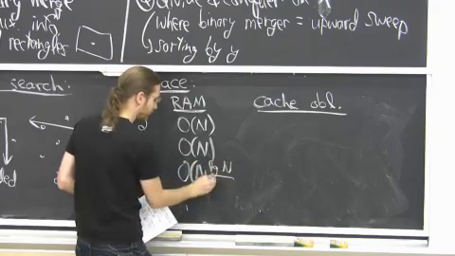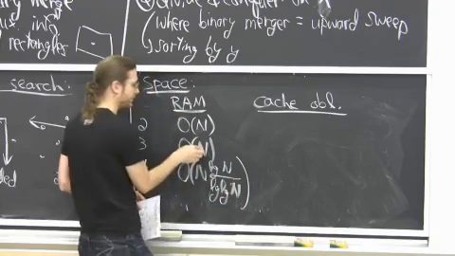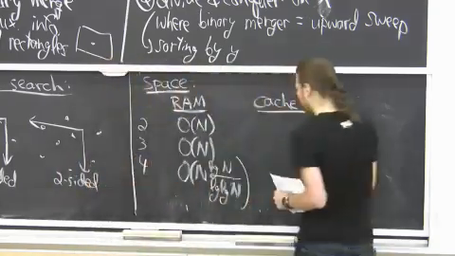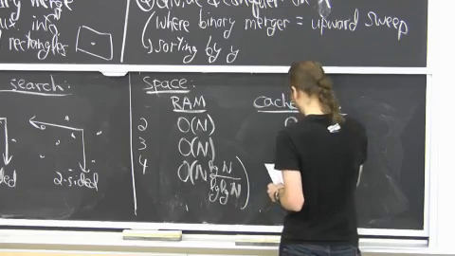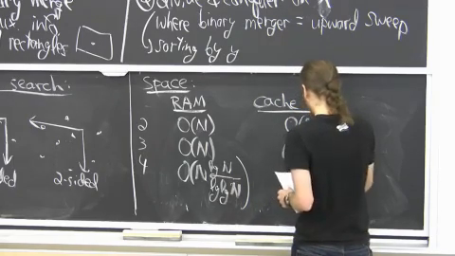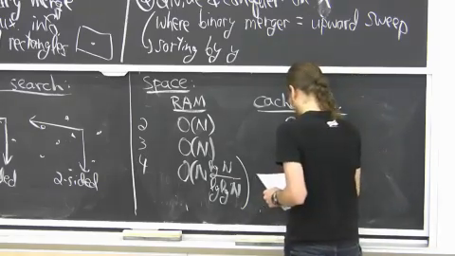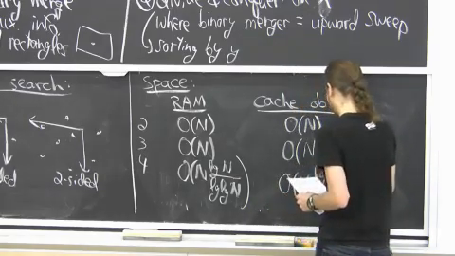Log N over log N. We haven't actually seen this one. And Cache-Oblivious, here's what we can do. This is with optimal query times. And this is all static.